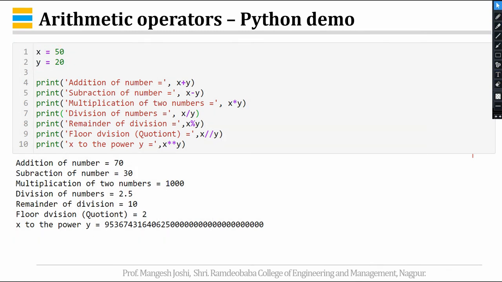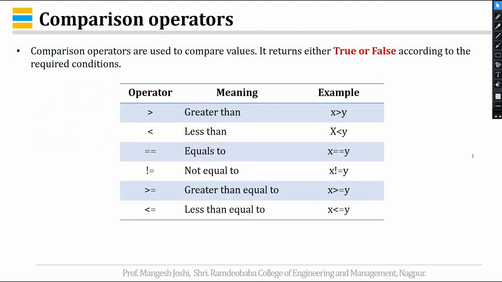Moving on to the next, that is comparison operators. Again, when you want to compare between two or more variables, you will require these comparison operators. So it either returns a true value or a false value. Okay.